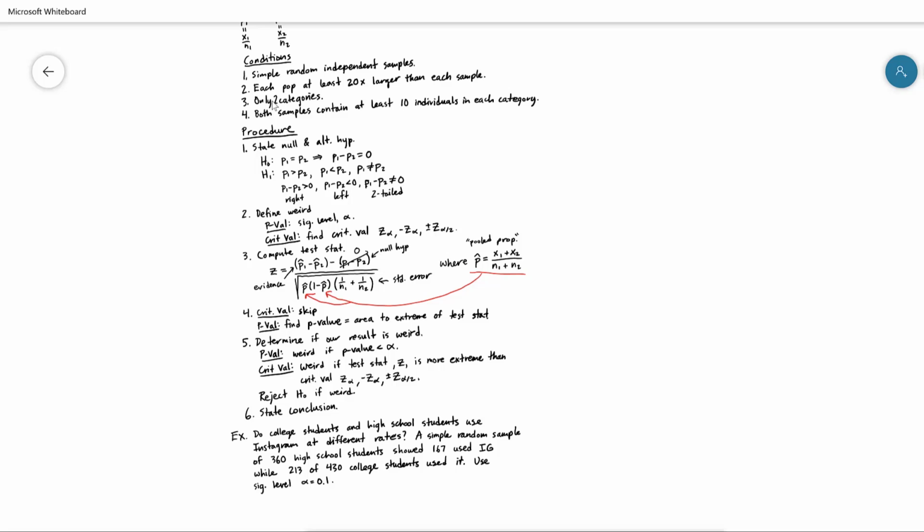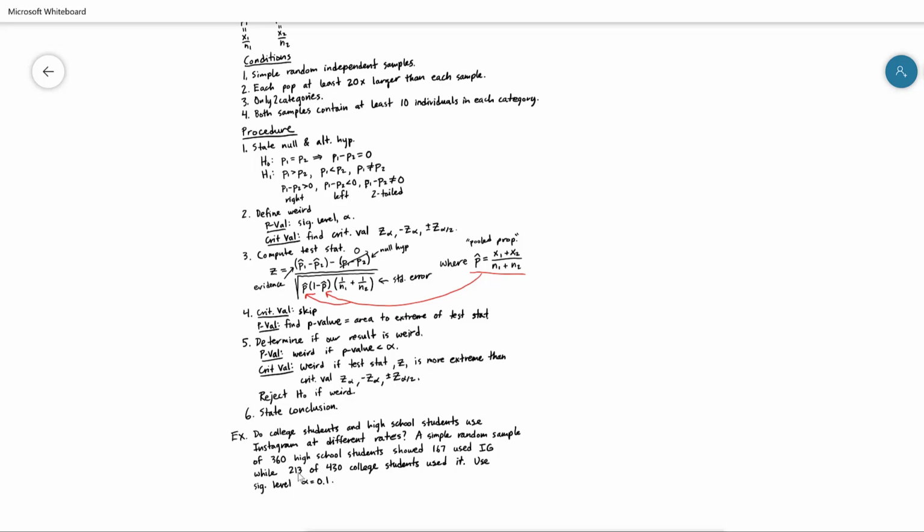We've only got two categories. Basically, in our sample, we're asking them, do you use Instagram or not? So the two categories are yes and no answers to that. It's a yes or no type question. And lastly, do both samples contain at least 10 individuals in each category? Well, the first one was 167 did use Instagram out of the 360. That leaves almost 200 people that didn't.